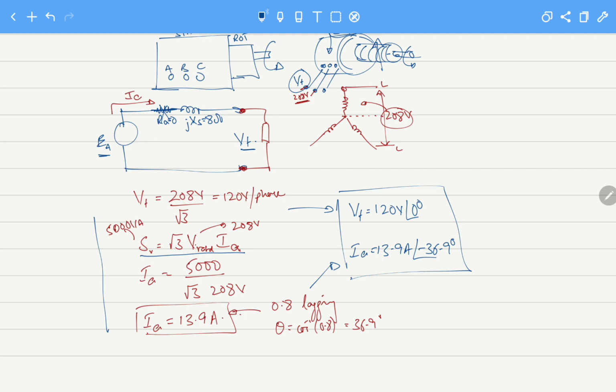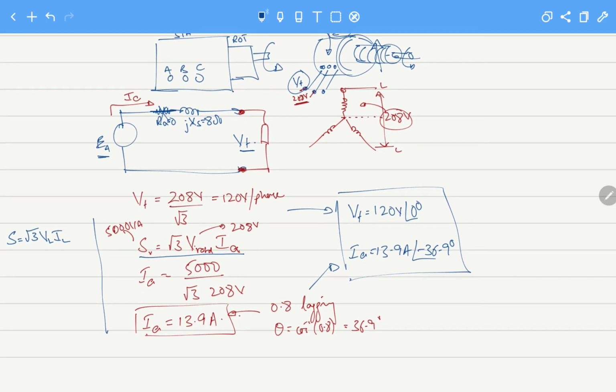This is the three-phase power output of a generator, and you know that it is either root 3 V line into I line, or you have also read this formula as S equals 3 V phase into I phase. In Y connected generators, I line equals I phase. There is the difference of these two voltages. Both of the formulas you can use to find the armature current IA.